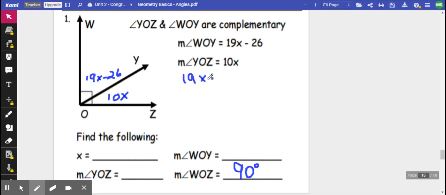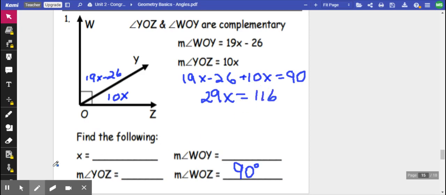So we have 19x minus 26 plus 10x is going to be equal to 90. And we can combine the 10x and 19x to get 29x. And add 26 to both sides. So we have 116. If we divide both sides by 29, we get that x is equal to 4.